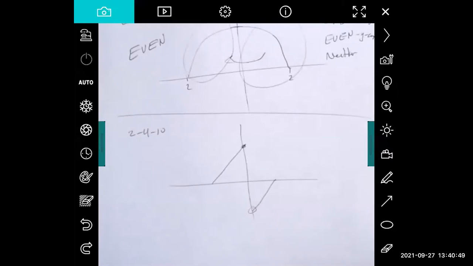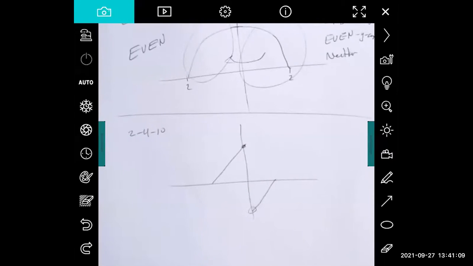One more time. Well, if you look at these, look at this point here. It's at 1, -2. -1, 2.